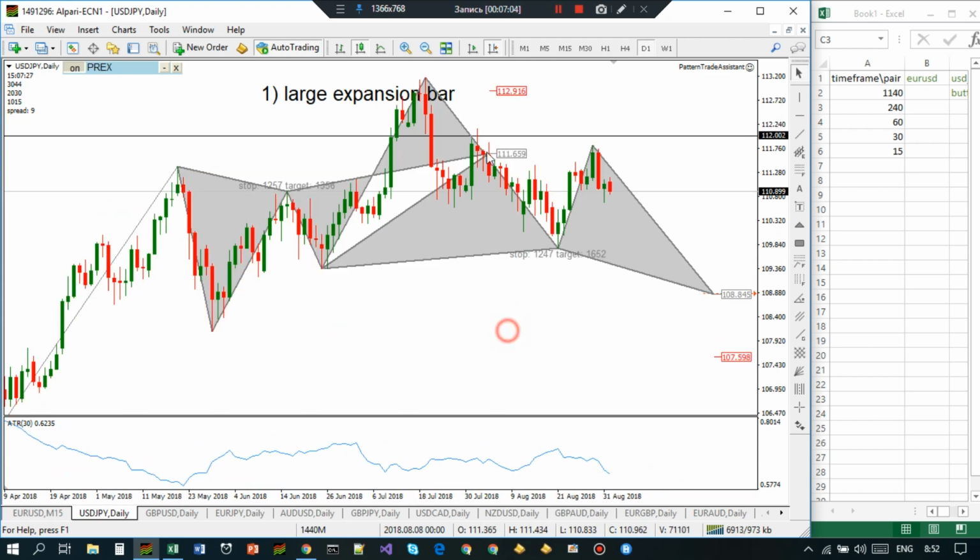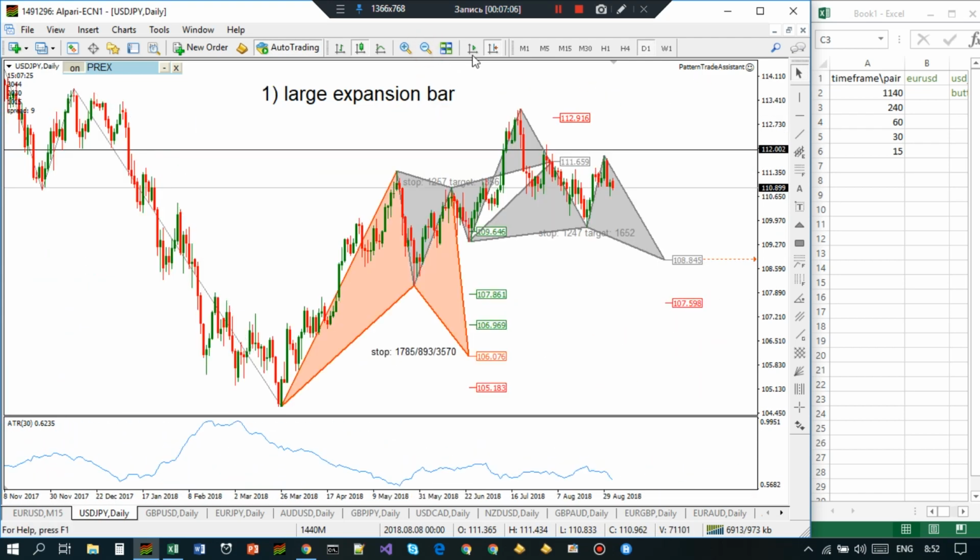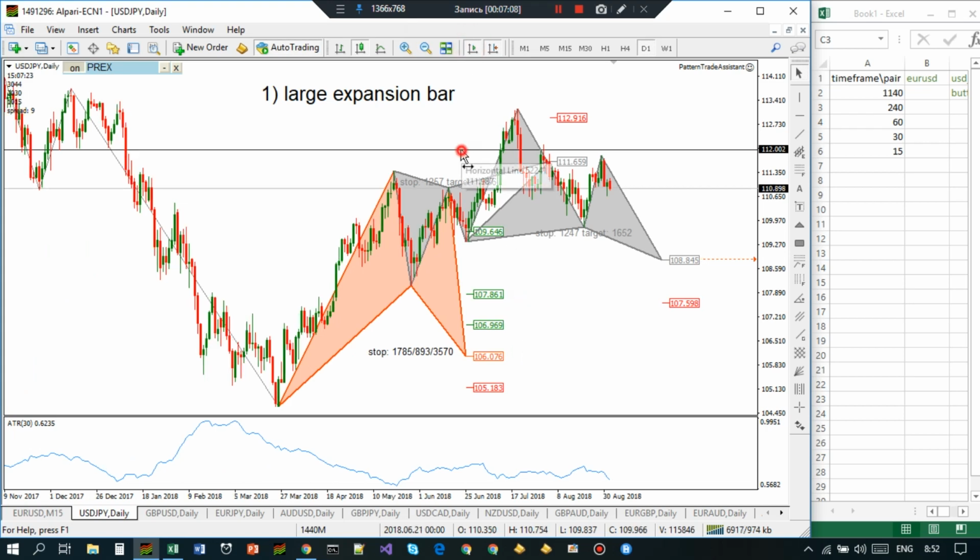They are basically very good. The majority of market participants pay attention to these large expansion bars. It is a signal of strength, of momentum, that the market is most likely to continue in the same direction. Okay, another warning sign is a so-called tail close.